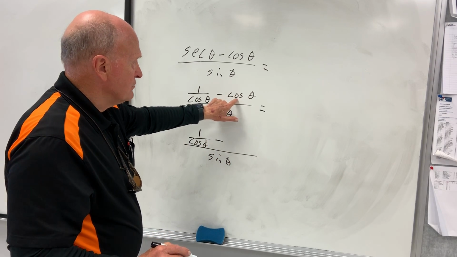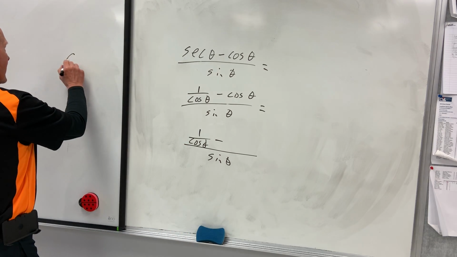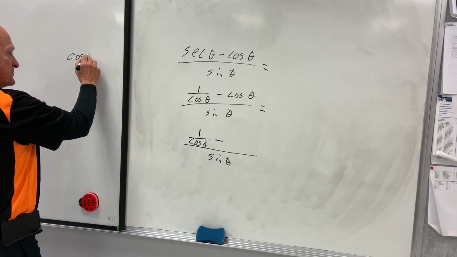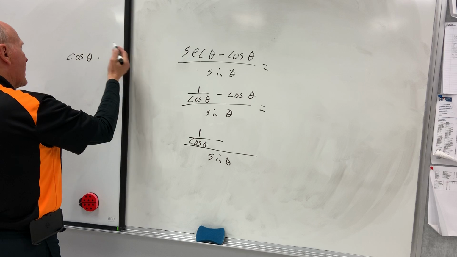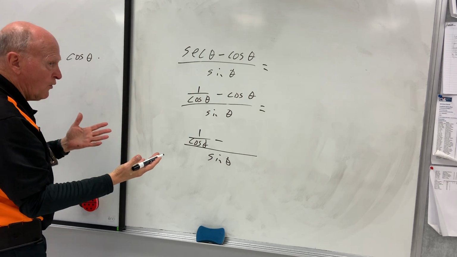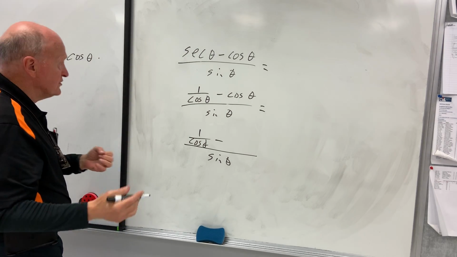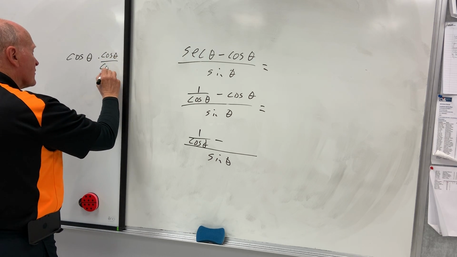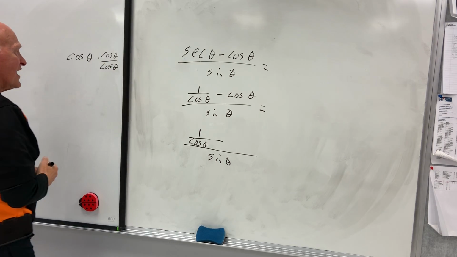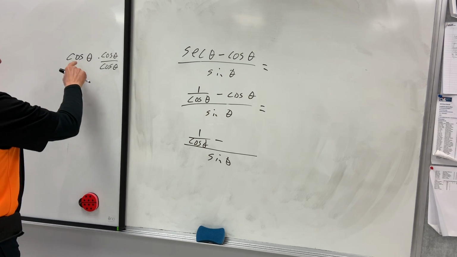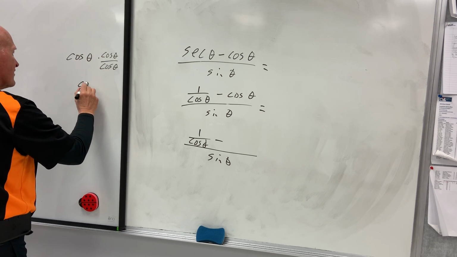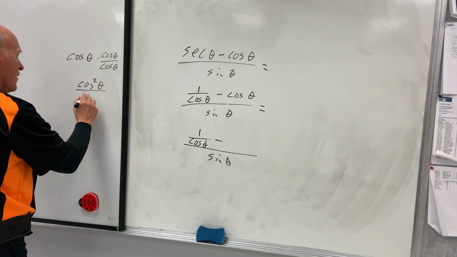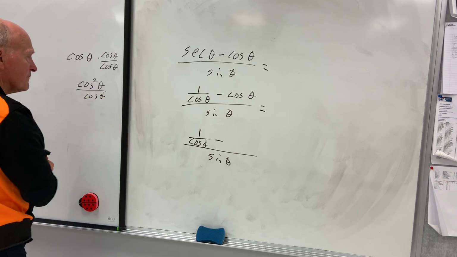So to put that over cosine, remember the way I'm going to do that: I've got cosine theta, and I'm going to multiply it by a form of 1. Remember, if I multiply by 1, I'll not change its value, but I will change its form. So I'm going to multiply by cosine theta over cosine theta. Anything divided by itself is 1. Cosine times cosine is cosine squared theta over cosine theta.